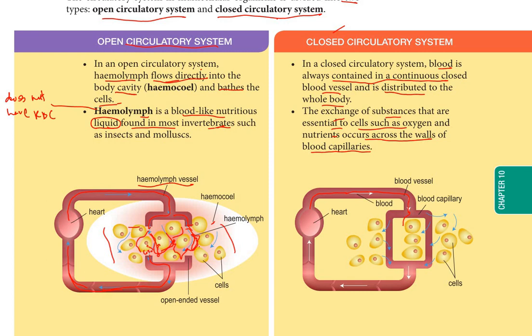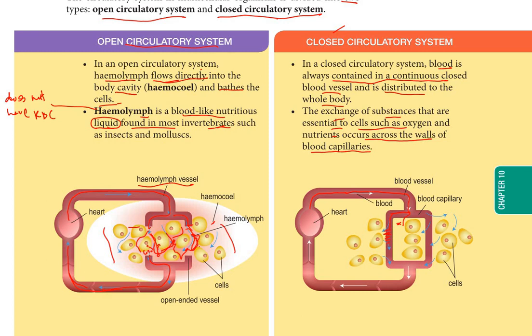It will just flow in the blood capillaries. When the blood reaches the blood capillaries near the cell, the exchange of gases will occur through the wall of the blood capillaries, meaning not directly from the blood.